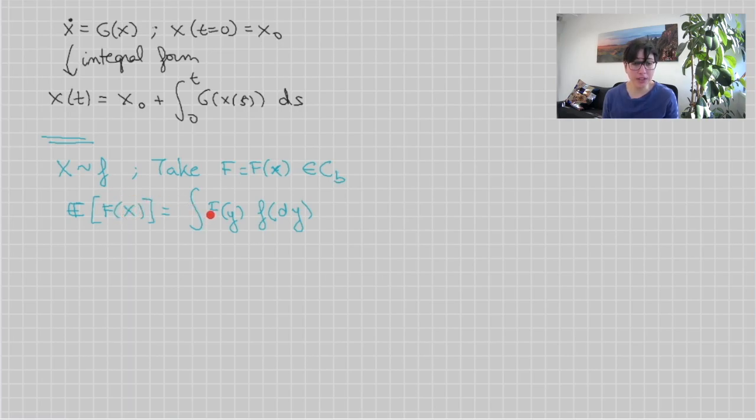And this, by definition, is the integral of f against the law f. And this is a very simple way of relating the random variable x with its law f. Notice just here that I put little y to stress that this is the integration variable.